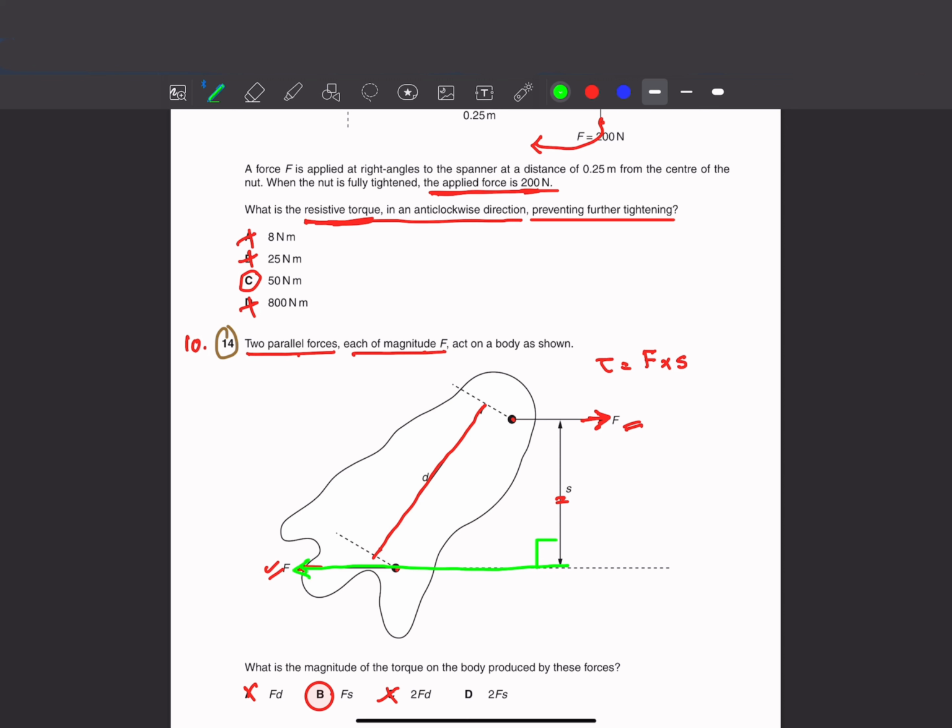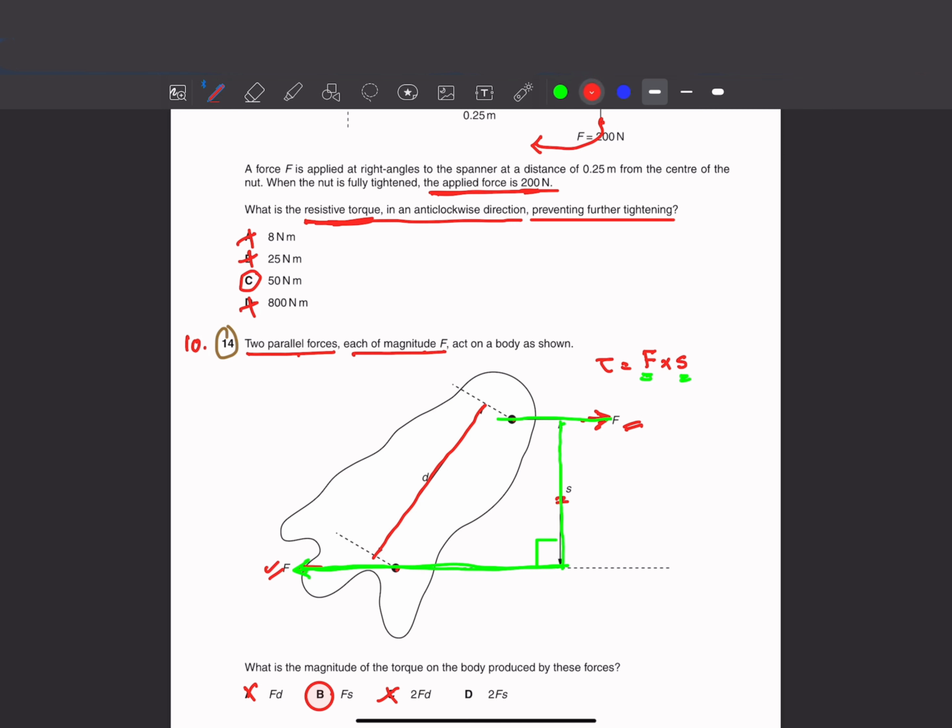Then you have to take your force back somewhere here, or in this case you can get the perpendicular distance easily. And of course the perpendicular distance is telling you that one of the forces is F and the perpendicular distance is S. So as I said, this answer is simple, FS. You need not go for any further detail.